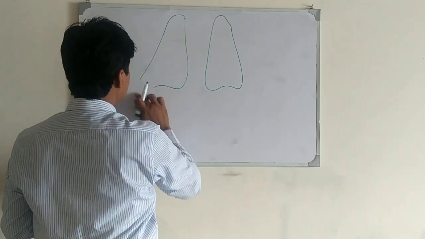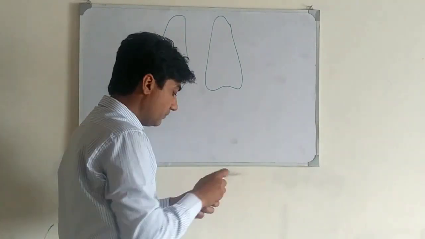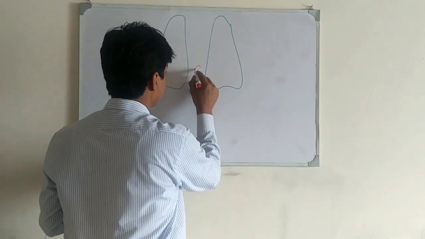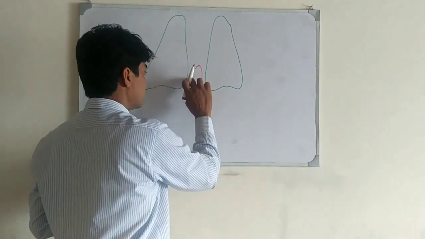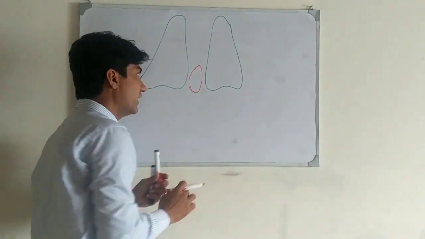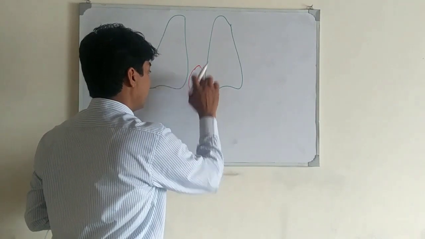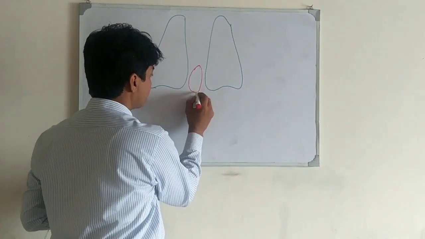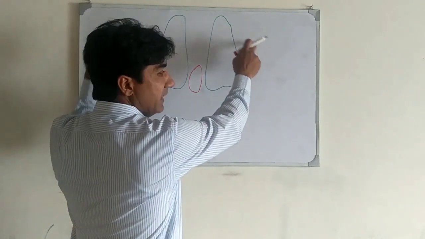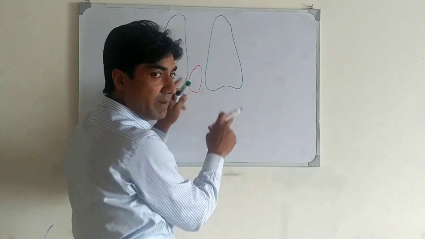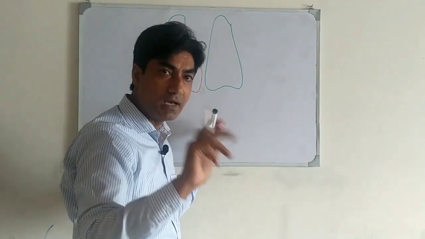Between these two lungs there is a mediastinal space, and this space is occupied by the heart, and the trachea and esophagus pass from up to lower. The lateral spaces are occupied by the lungs, and the mediastinal space is occupied by the heart.